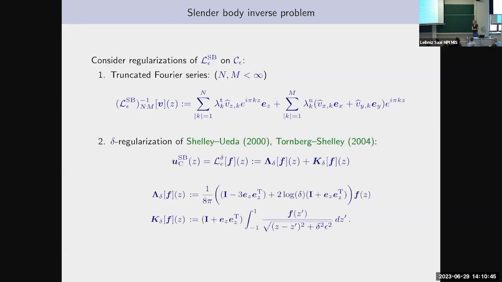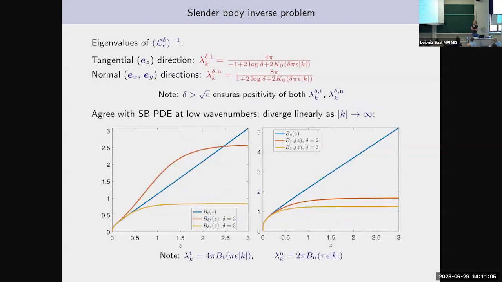Another regularization is what I call the delta regularization, which is just to insert a small parameter proportional to epsilon in that non-local operator, and then use that to sort of alleviate the problems that we were running into. And in that case, again, we can explicitly calculate the eigenvalues of this operator.